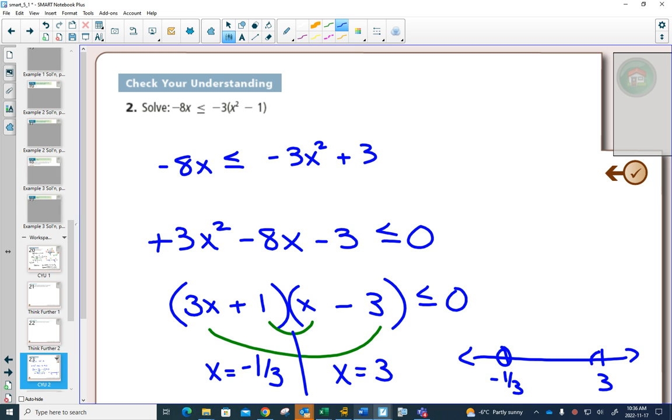Draw our circles, and ask ourselves, should I fill them in, or should I leave them open? And in this case, we have the equal sign, so we fill them in. Take your time filling. It's like, you don't get to color much in high school.